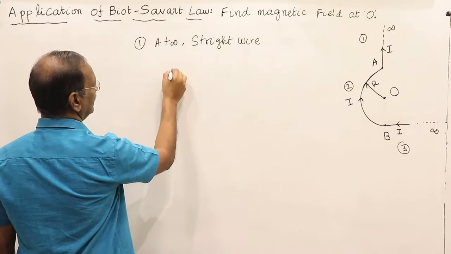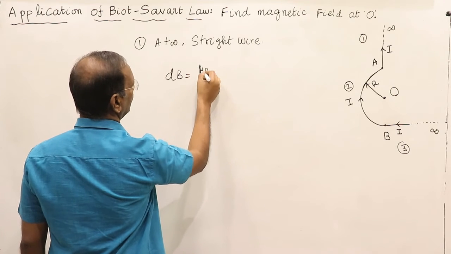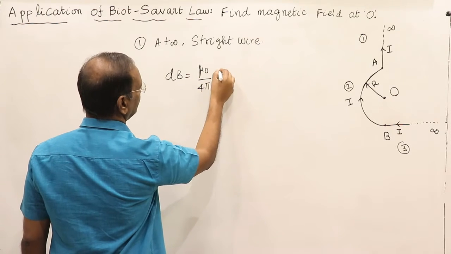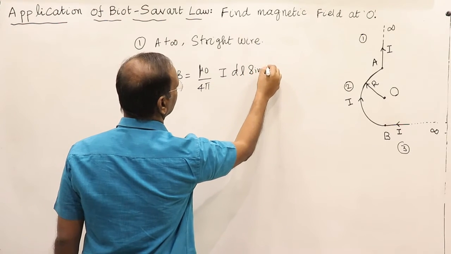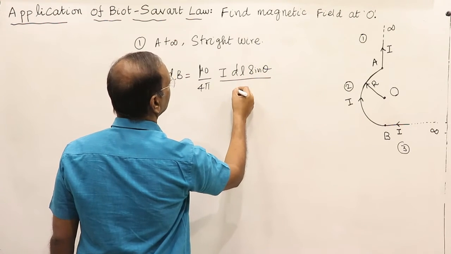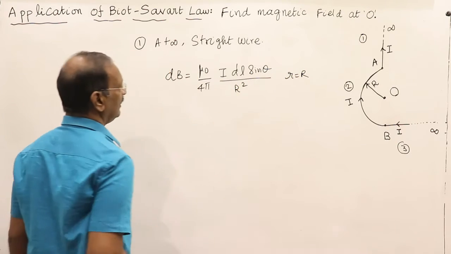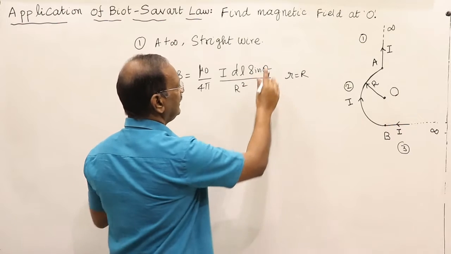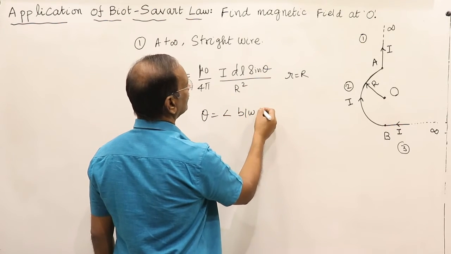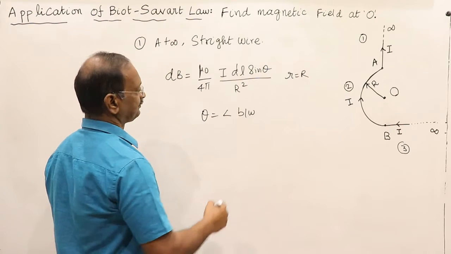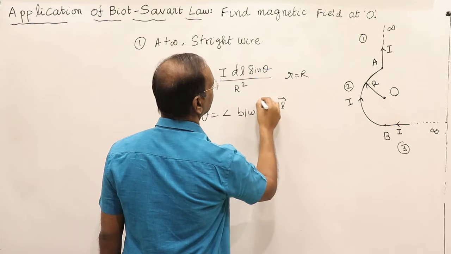See, Biot-Savart formula: dB is equal to mu naught by 4 pi into I into dl sine of theta divided by r square, where theta is the angle between the radius vector and the dl vector.